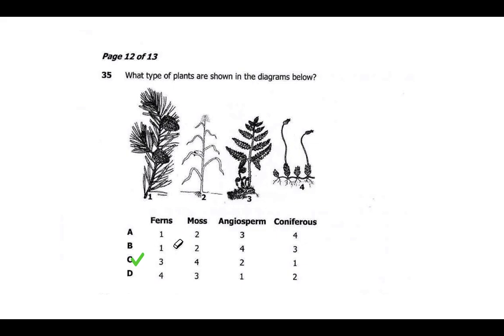If they ask which one is a fern, these ones are ferns. Then the mosses, and the angiosperm, we can have this one as an angiosperm, and then the coniferous plant, which is this one. It produces cones. So our answer there is C.